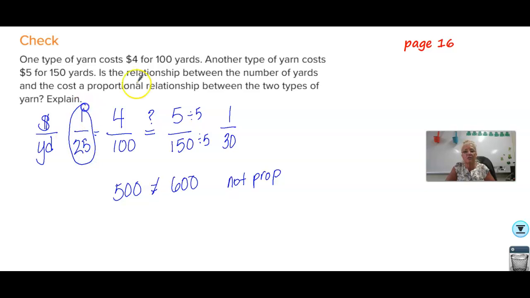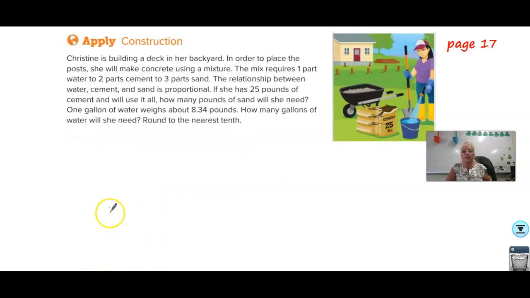If these had reduced to the same fraction, this would be proportional. Because they don't reduce to the same fraction, it's not proportional. So you have some options when we're talking about proportional. You can reduce the ratios to lowest terms and see if they're equal. You can cross multiply them and see if that gives you an equal number. That's not the only way to do this.